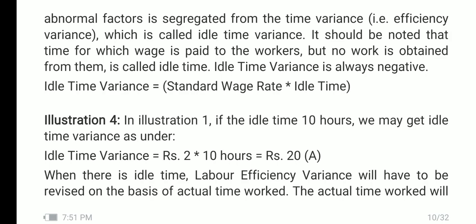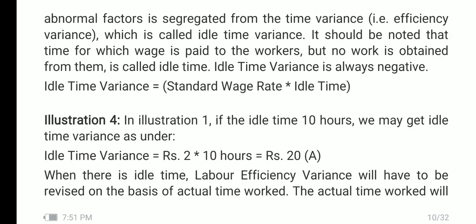Remember here, idle time variance is always negative because it is always the situation of idle time. As already explained above, idle time means the work for which payment is made to the workers, but no work is obtained.